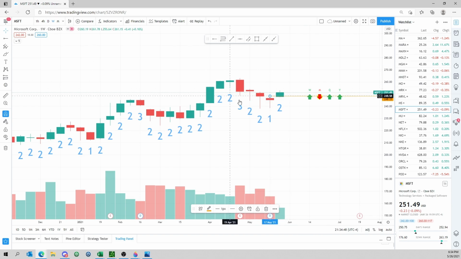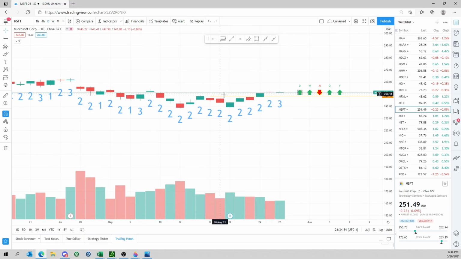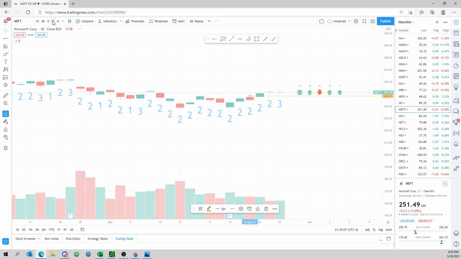And great thing about TradingView, I believe if I change the time frame, it will stay there. Yep. So this would have been there. And you can see on the weekly when it broke out, buy into it and ride it up.